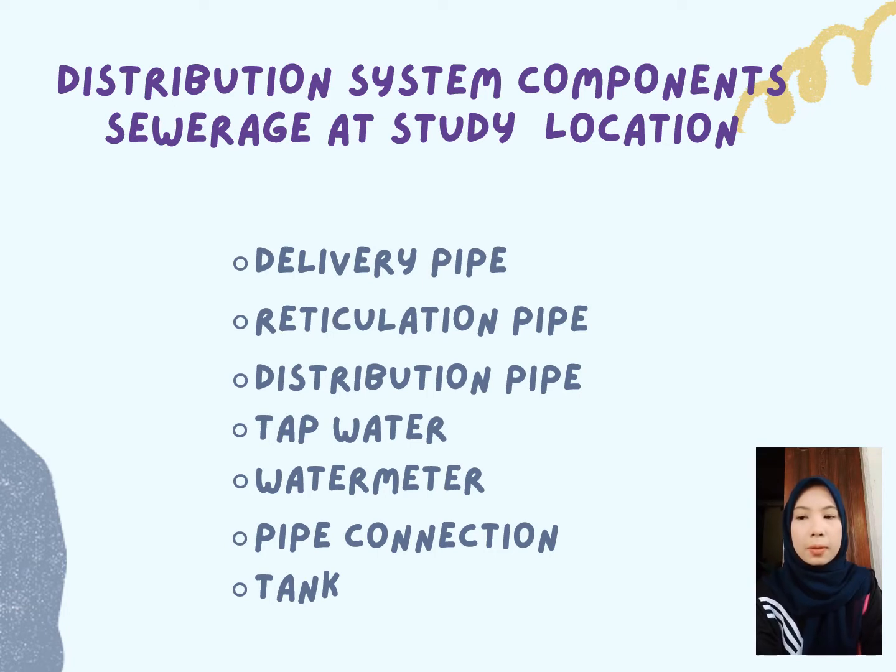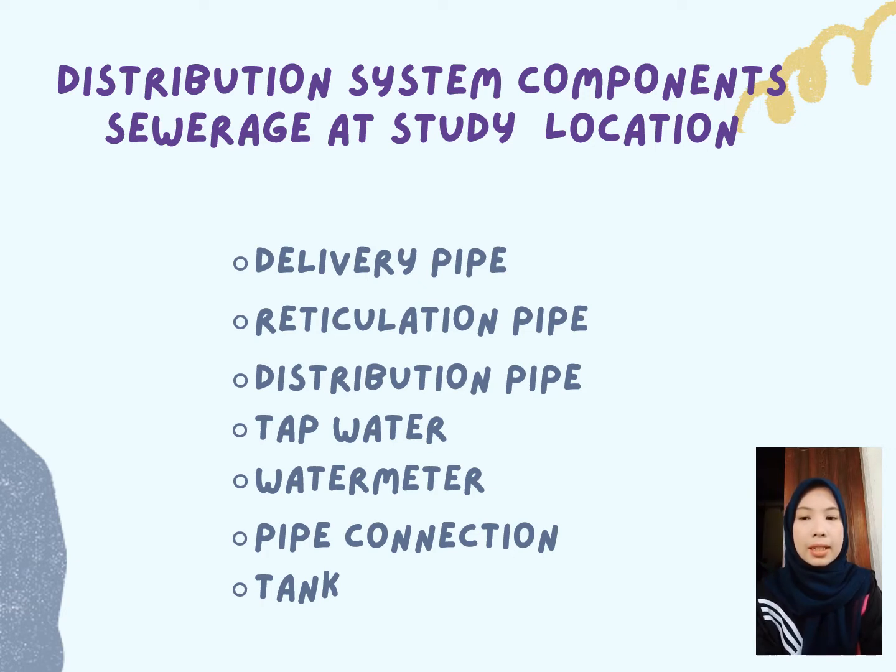Fifth, water meter. A water meter is a complementary component that is built to measure the quantity of water that has flowed through it. Sixth, pipe connection. The pipe connection connects the main pipe with the water meter. The pipe stem is usually made of galvanized iron.